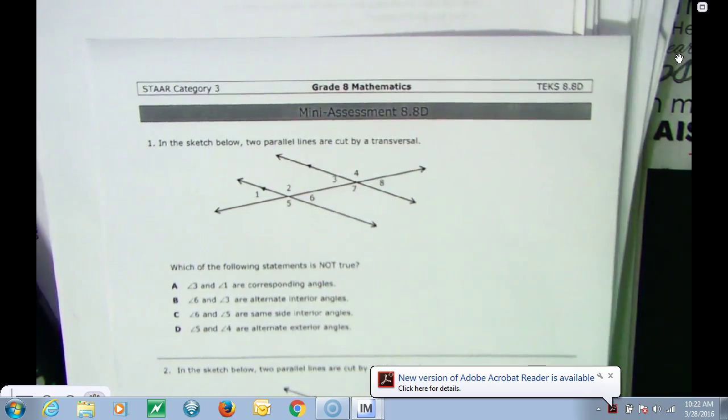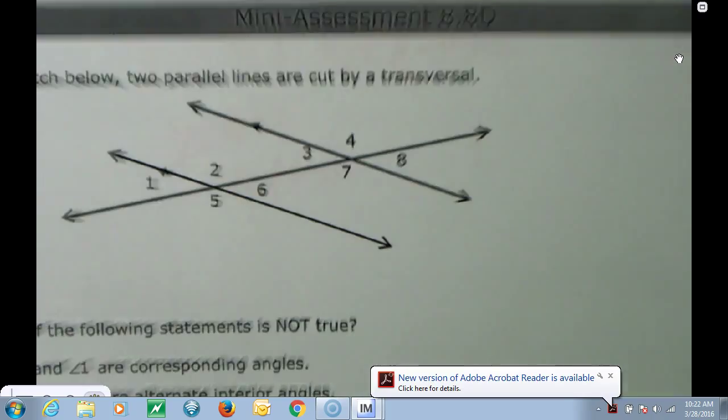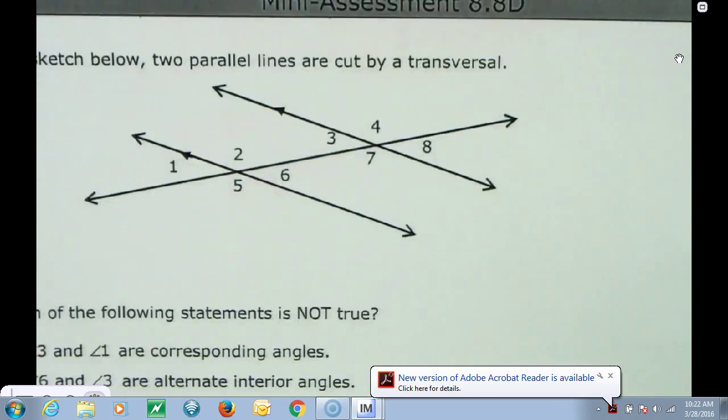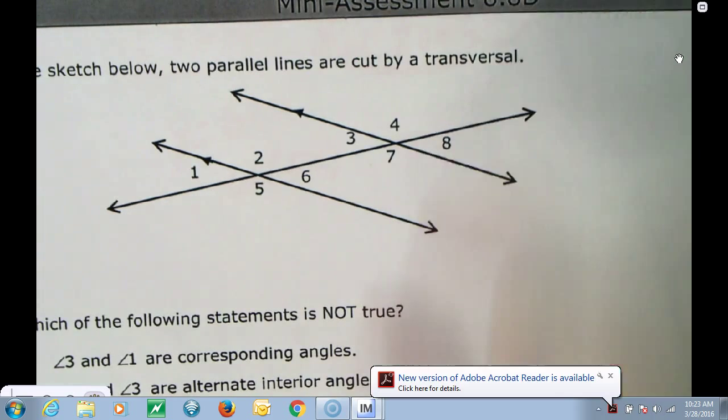Okay, at the top. Name 2 vertical angles. Madison. Yay, vertical angles. Are they congruent? Yes. Tori, name me 2 corresponding angles. These are the 2 parallel lines.